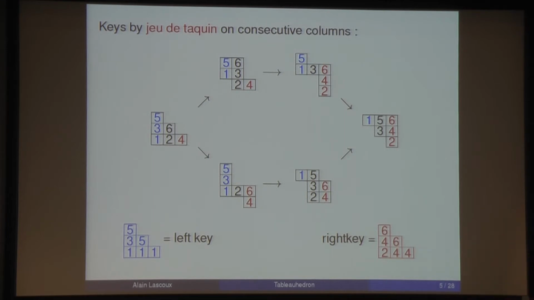This operation is on tableaux of two columns. You just exchange the lengths. So, for example, here, because the pointer is not really working, so I have a column of length 3 and a column of length 1, the bottom, and so I transform it into a skew tableau with a column of length 1 and a column of length 3. And so the moves are very easy and they are forced.